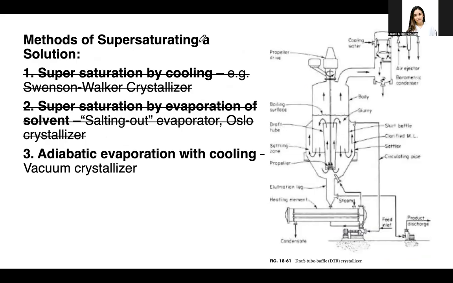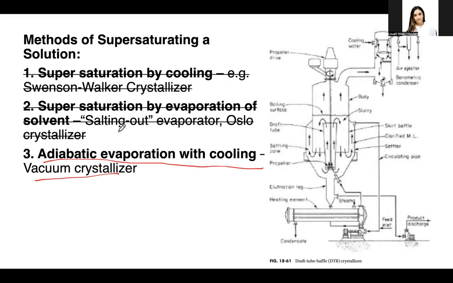So the next method for supersaturating a solution is what you call adiabatic evaporation with cooling. An example of this is your vacuum crystallizer, or specifically your Swenson reaction type draft tube baffle crystallizer, or DTB crystallizer. It can be seen on figure 18-61.